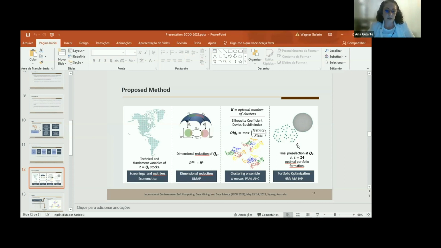The resulting subset serves as input for the preselected asset allocation. We use the optimization methods hierarchical risk parity, mean-variance, and inverse variance portfolio. The hierarchical risk parity method addresses three major concerns relative to the classical method: instability, concentration, and underperformance.